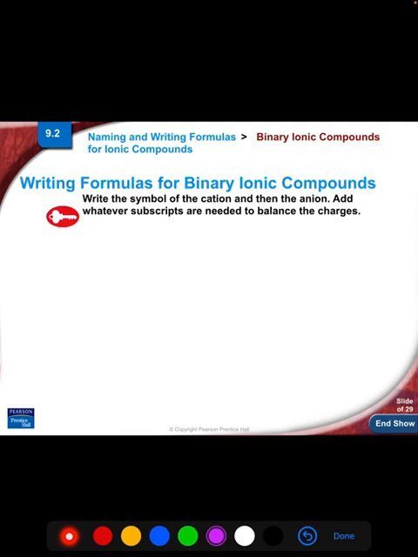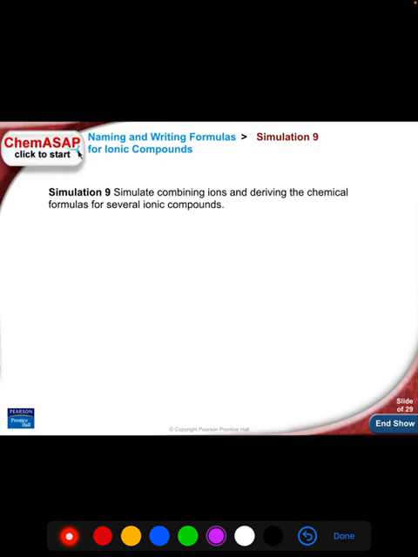Now, when we write these formulas, we write the symbol for the cation and then the anion, like we just did. And we use subscripts to balance the charges, so we end up with an overall net charge of 0.